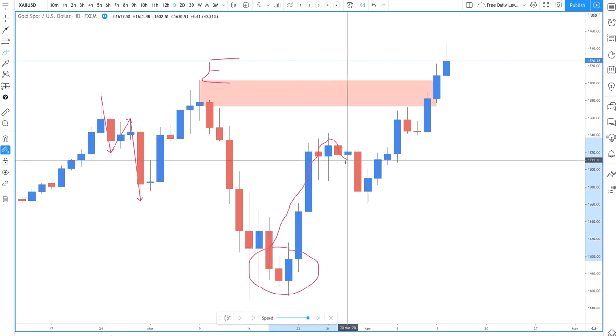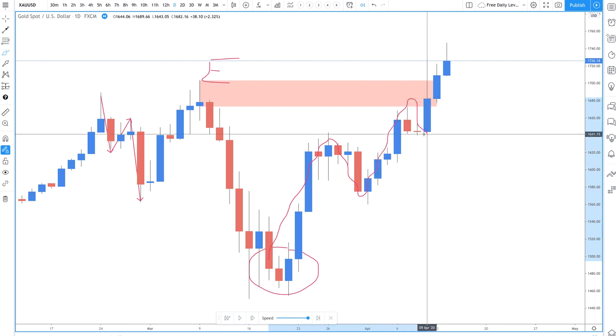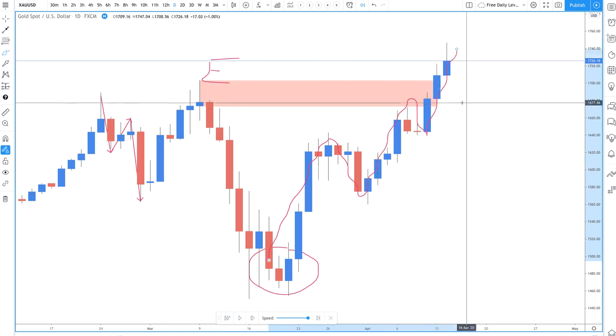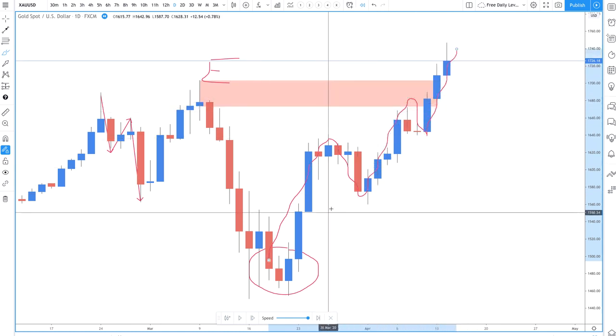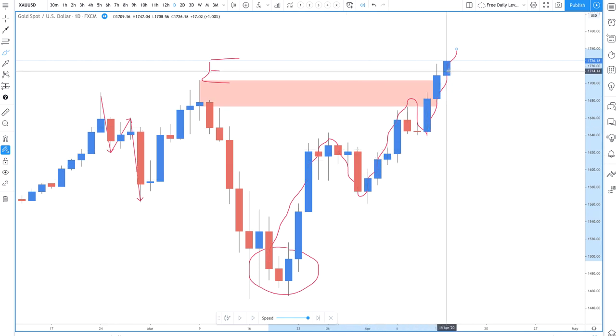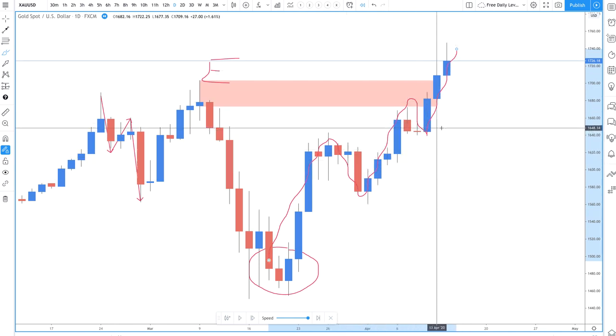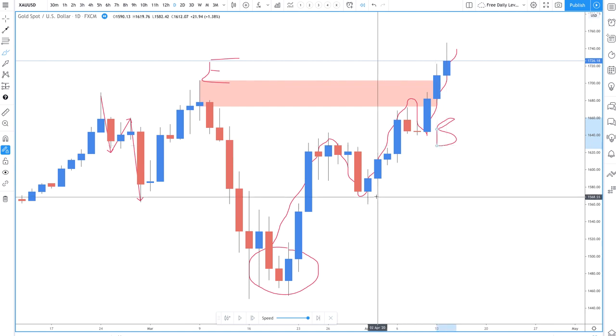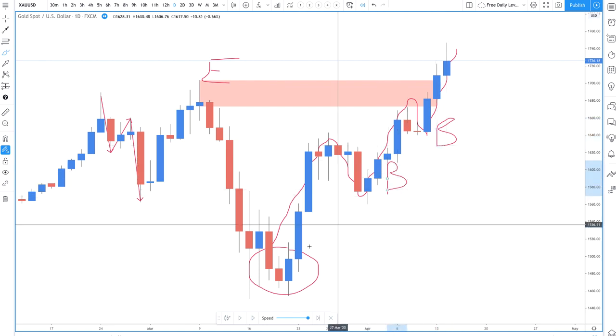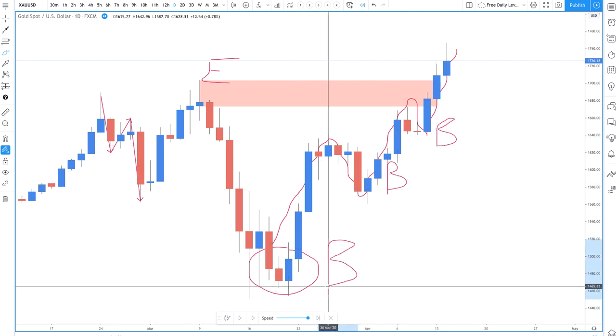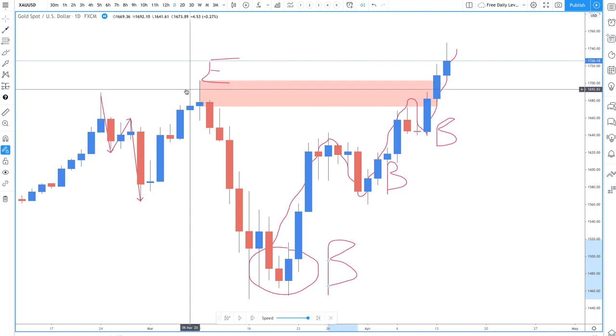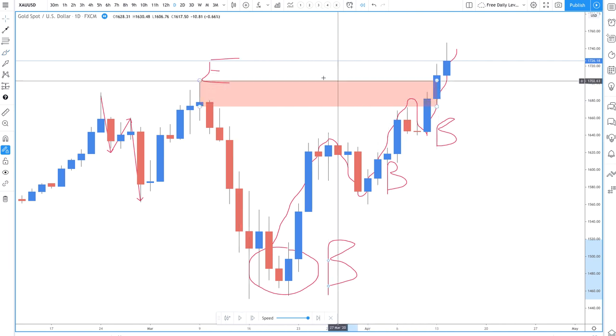Higher high, higher low, higher high, higher low, higher high, right there. At each higher high that pushes prices higher, we have to say that that's a potential bargain. But let's look at this in the context of demand.